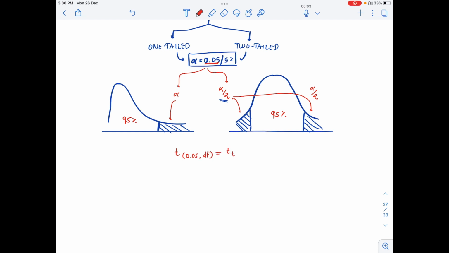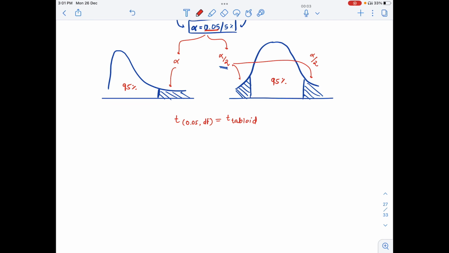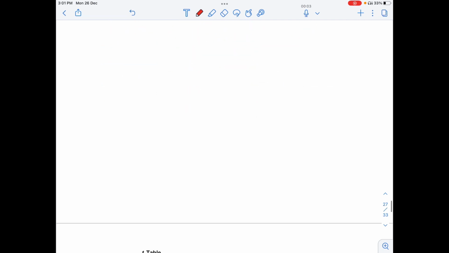This will give you T tabloid values. I might call it T tabloid values, and some people might call it T table values or ideal values, or it might be referred to as simply a T. So do not confuse it. I will call it T tabloid throughout the video. You refer to it as your book says.